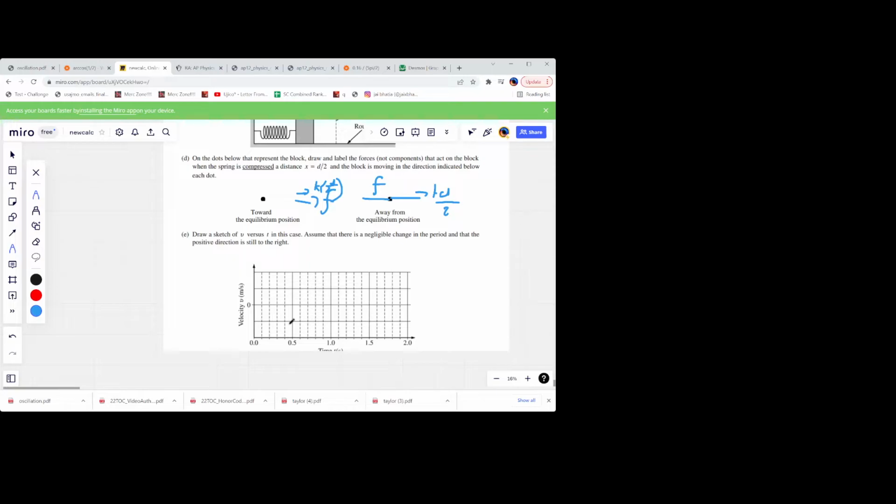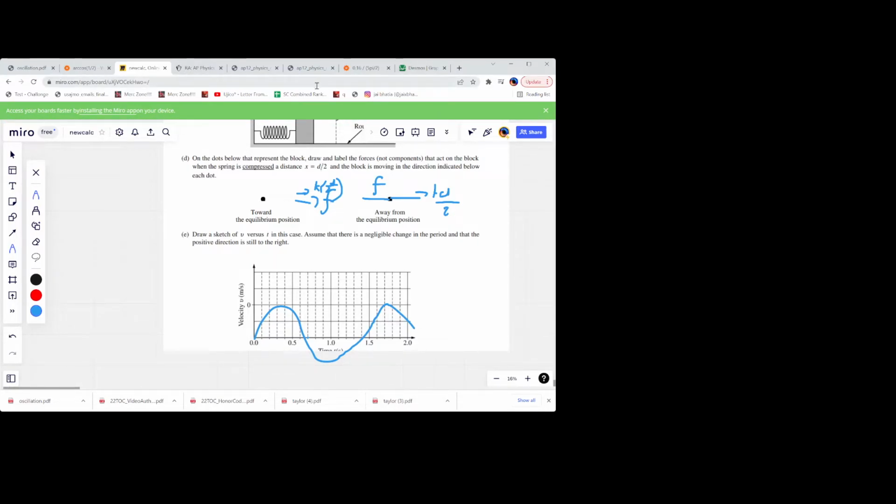Then it'll go back. If we assume that this is the period, it'll look something like this, I think.